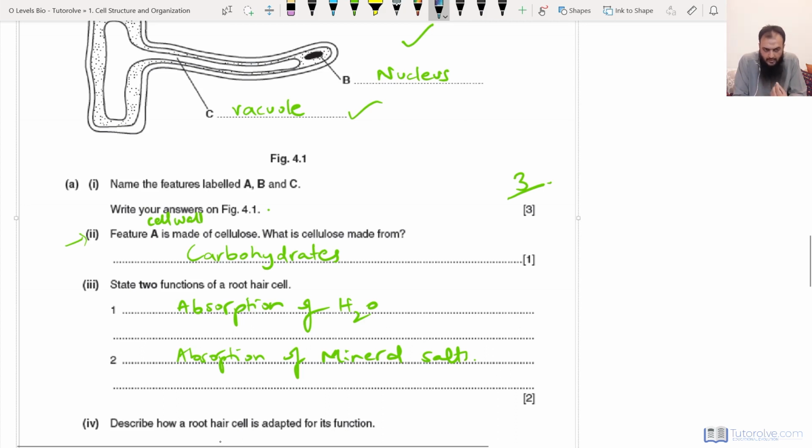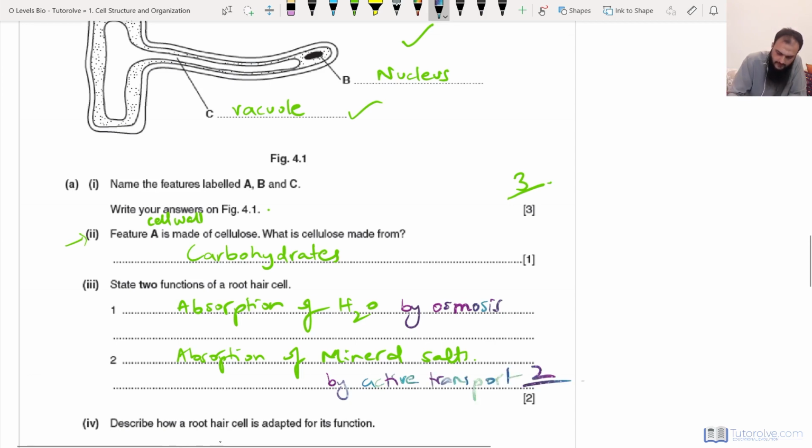A good scripted answer would be absorption of water by osmosis, and absorption of mineral salts by active transport. Okay, so you get 2 marks for this.